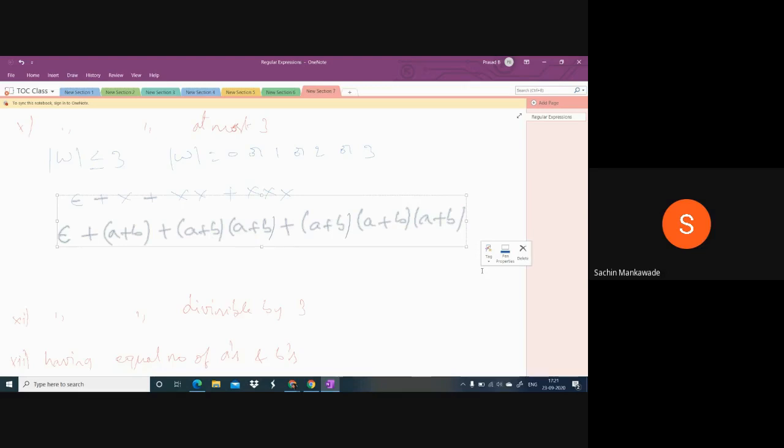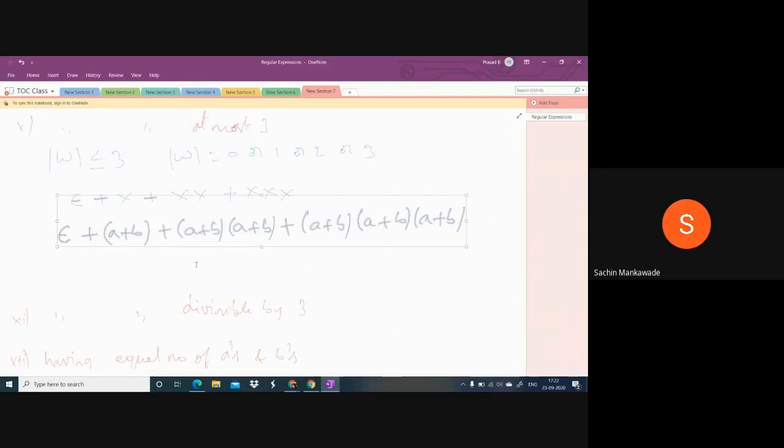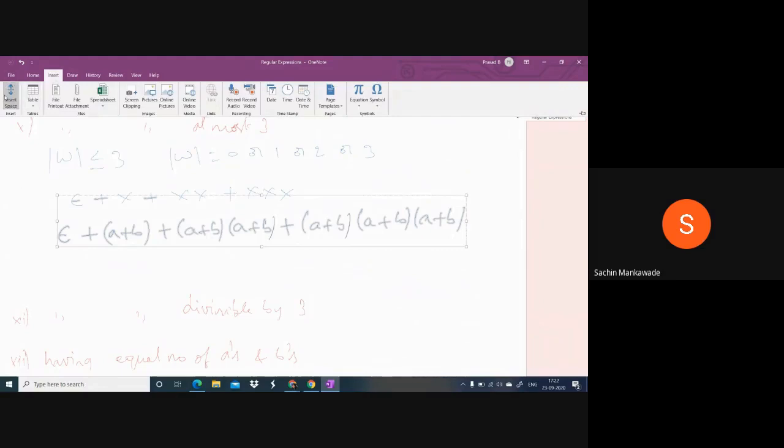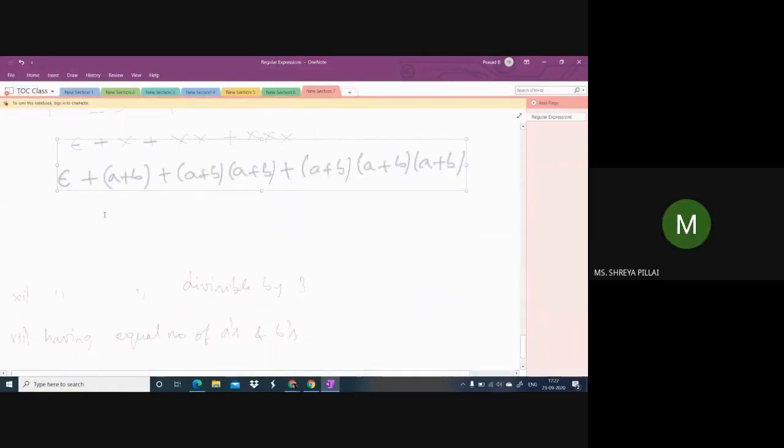Anybody? From the last 3 terms, we can take A plus B common, for a better way of representation. Better than that? Shreya, can you say something better than this one?